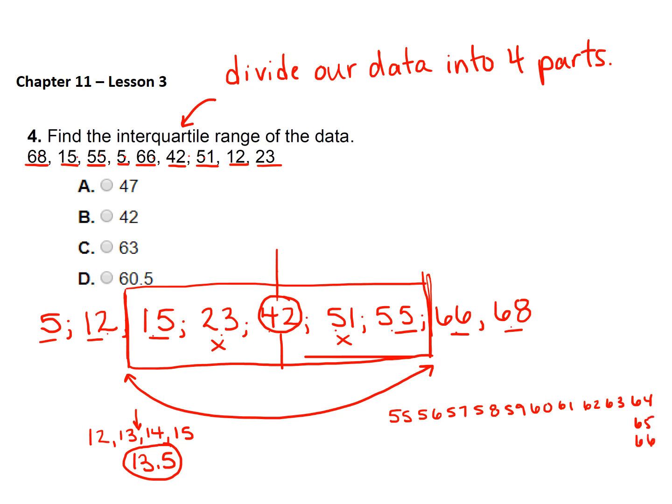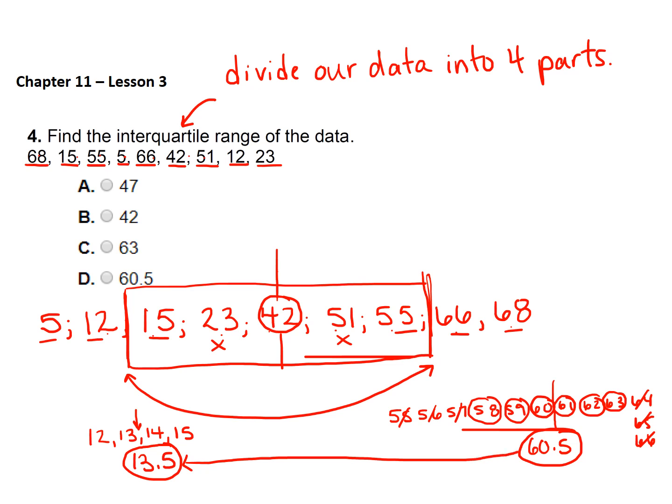So I can go left, left, left, right, right, right, and then what is right here? Well, that would be 60.5, okay? So now the range is going to be the difference between 60.5 and 13.5.